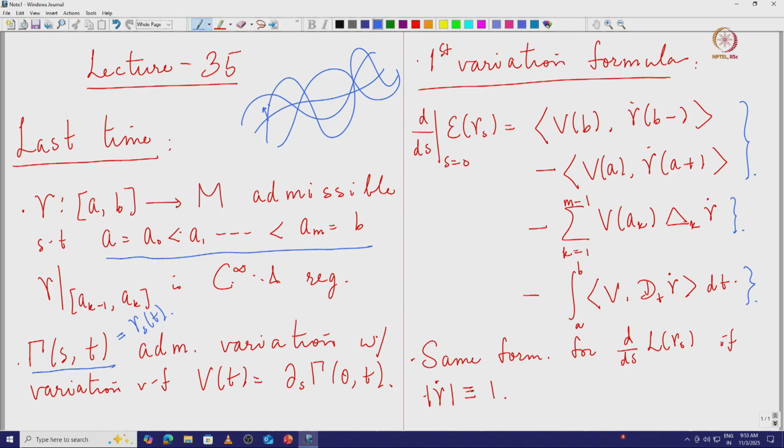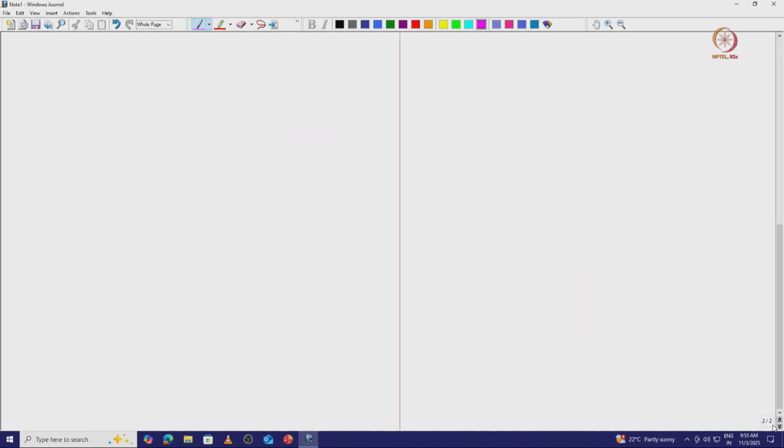But if you normalize so that the central curve gamma has speed identically 1, then the same formula also holds for the first variation of the length functional. In any case, I am going to deal primarily with the first variation of the energy functional today.